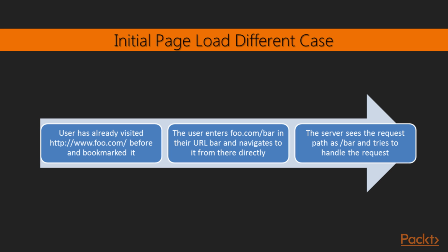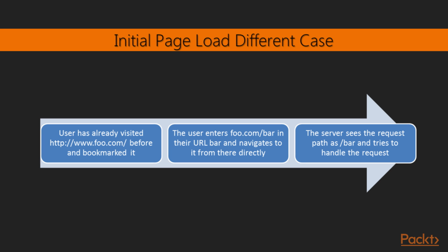Consider a different case. The user has already visited www.foo.com/bar and bookmarked it. The user enters foo.com/bar in their URL bar and navigates to it from there directly. The server sees the request path as /bar and tries to handle the request.